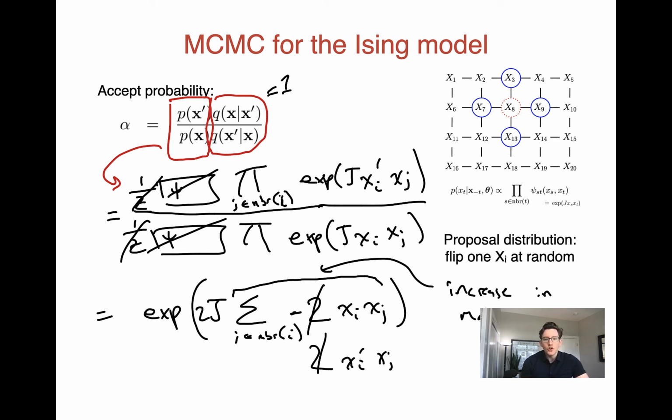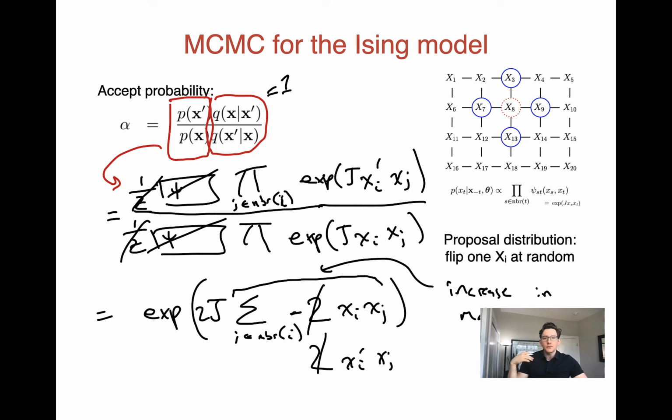If we decrease the number of matches, that's going to be exp of a constant times a negative number. So this whole thing is going to be negative. So we're going to get a number between 0 and 1. And that is, we're going to get some probability that's less than 1 of accepting. And what the probability is going to be depends on how big the decrease in matches is.